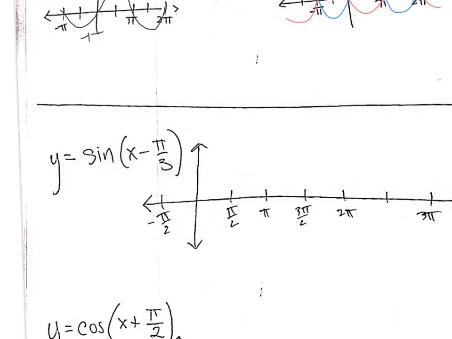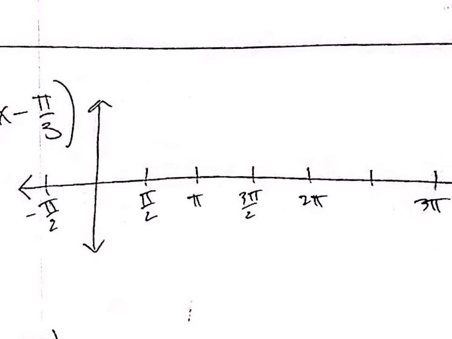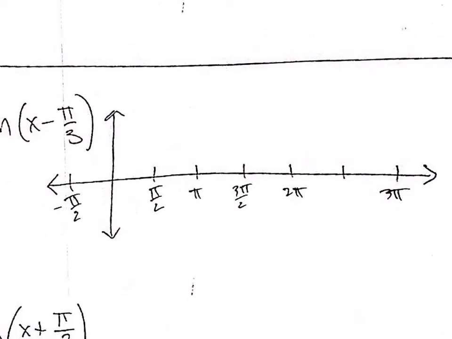So next up, we have the basic sine graph, and it's being moved to the right by pi over 3, which is a little weird. I already drew these values in. These are the same values that we've been using, right? 1, 2, 3, 4 all the way to 2 pi.